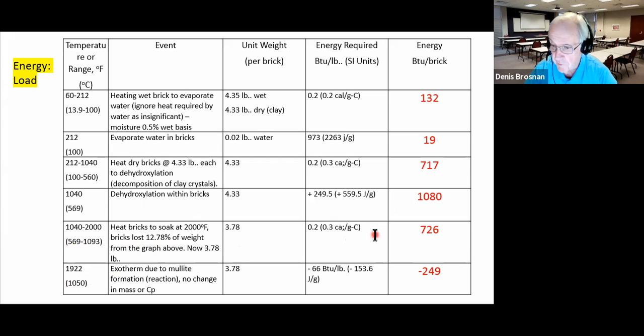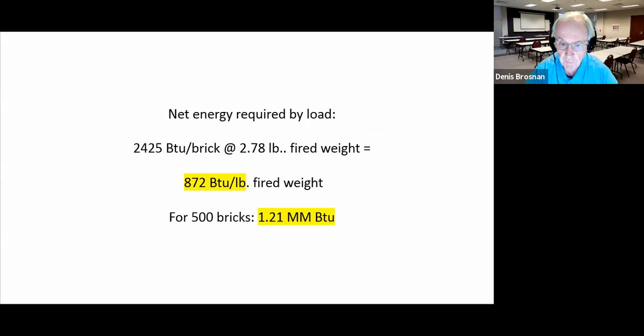Then heating up to the final temperature, 726 BTUs. When we accounted for the exothermic reaction, we get some energy back in our process, 249 BTUs. So we can add all these up and get a net amount of energy required in firing the brick. When you compute that, you're going to come up to 872 BTUs per pound on a fired weight basis.